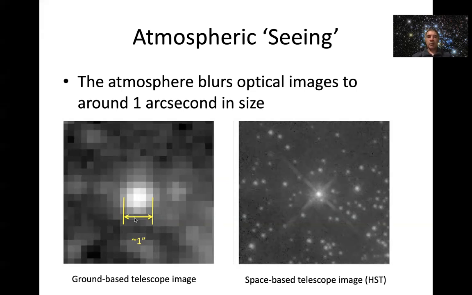Okay. So if you want to get a telescope and see what it actually does without the atmosphere in the way, then obviously the best thing to do is to put it into space, as we talked about before. That's quite expensive, but it's been done for optical telescopes with the Hubble Space Telescope in this example here. So this is actually the Hubble Space Telescope view of the same bit of sky.